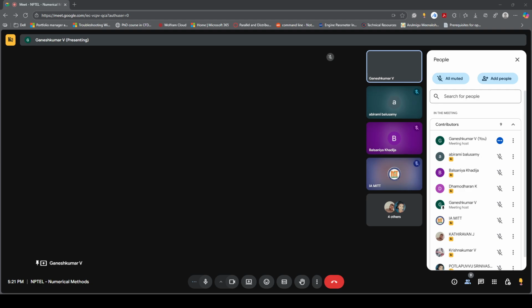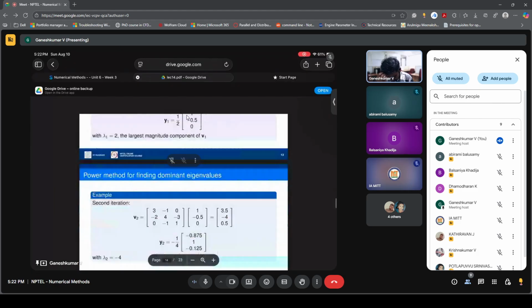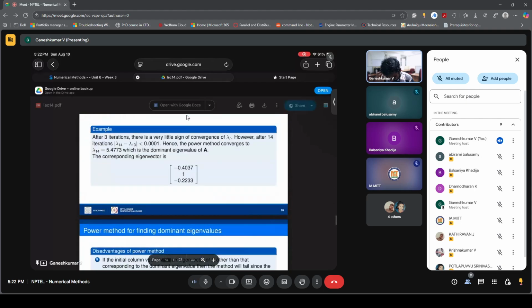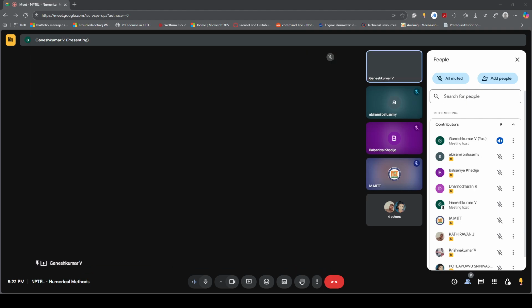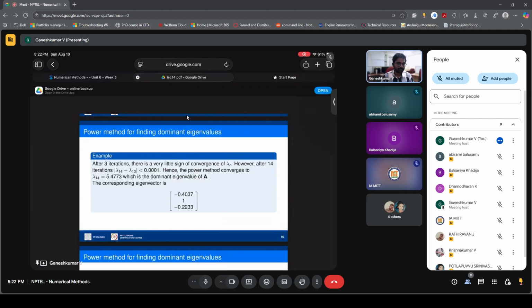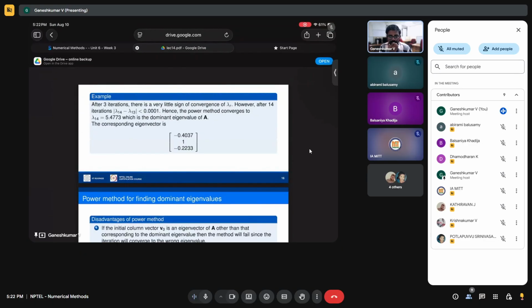So if I start with this, I end up having 5.4, which is what he also got, and that is the eigenvalue. And then 0.437, minus 0.233. Okay. All right. So the methodology is right.